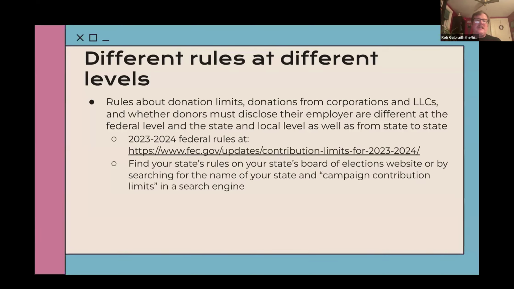Your states will also have different calendars and different reporting requirements. Some states require more frequent reporting as you're getting closer to an election, and you can find what those dates are for your state the same way. Probably the fastest way is to go to a search engine, search for the name of your state and something like campaign finance calendar or election donation calendar. You should be able to find that.